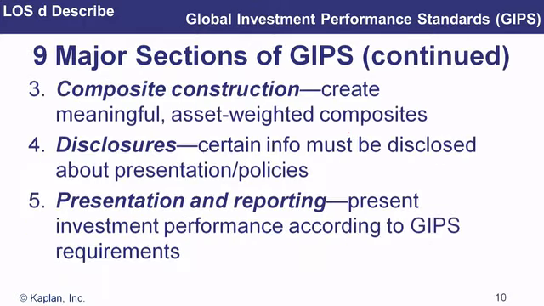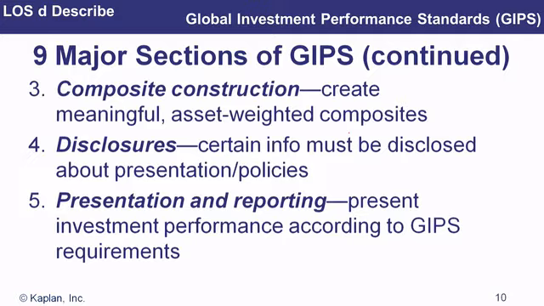So section 3, composite construction, I think we've talked that sort of to death, but we're going to create meaningful asset-weighted composites. Once again, that's all of our actual fee-paying discretionary portfolios. Okay, whether they're still with us or not, all of those are going to be included somewhere in a composite, and it has to be a composite that is in some sense meaningful.